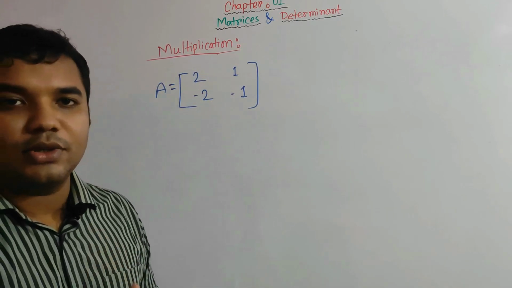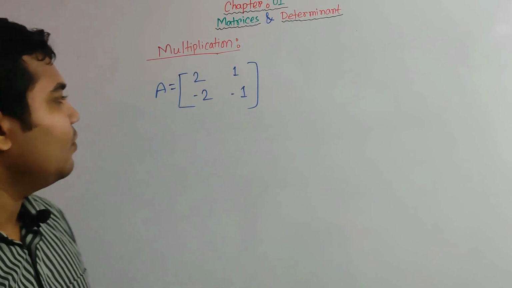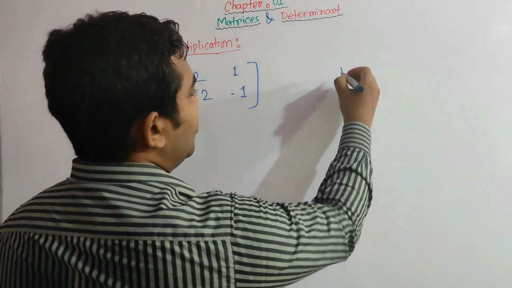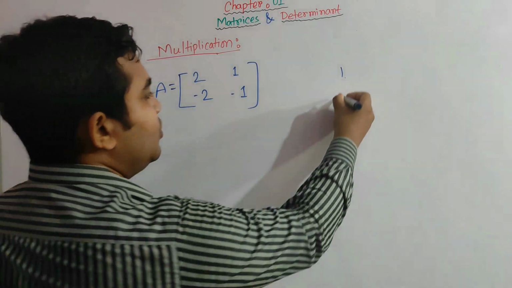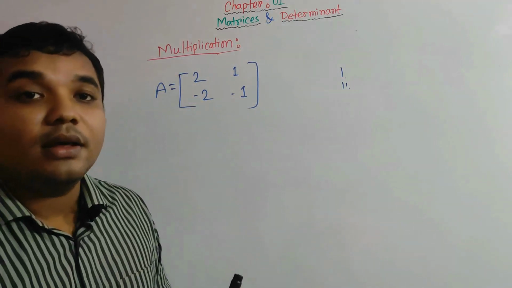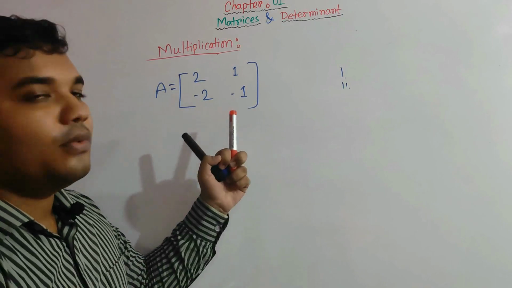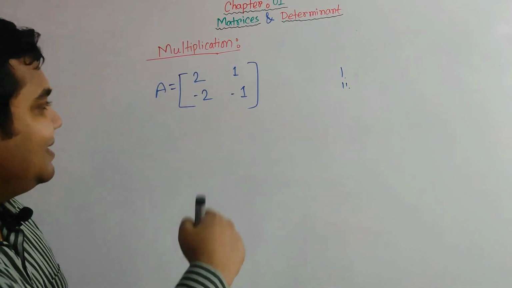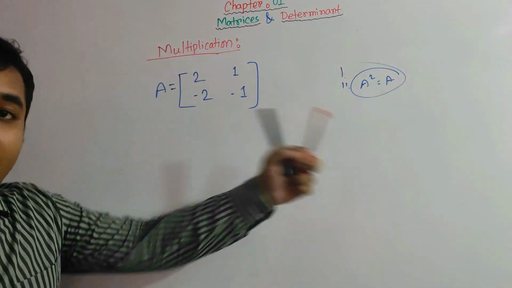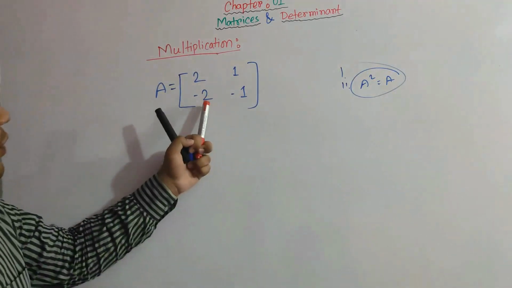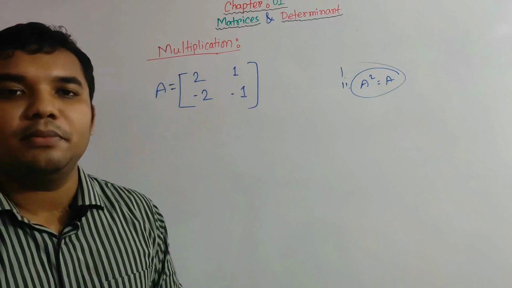Now we are actually doing two things at a time. One thing, we are trying to show how the multiplication works. That is number one. Number two, we will go for the proof of the idempotent matrix. That's why we are going for A square equals A. If A square equals A is found, then we can say this is the idempotent matrix.